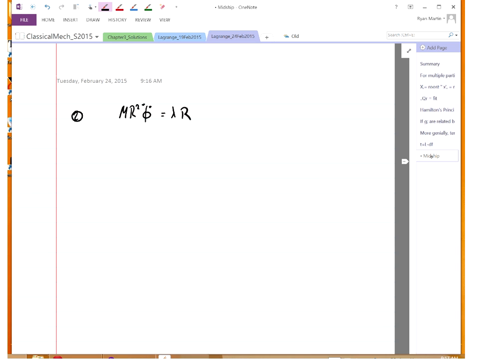But we also have that lowercase r double dot is equal to capital R phi double dot.